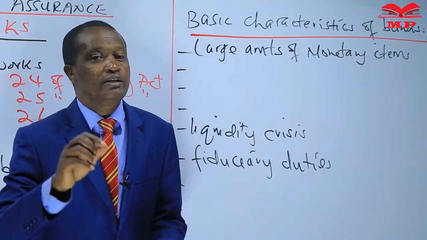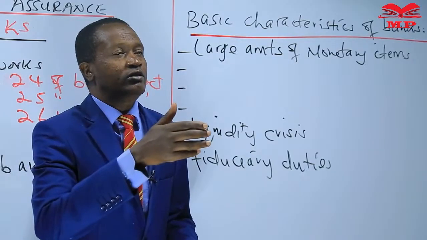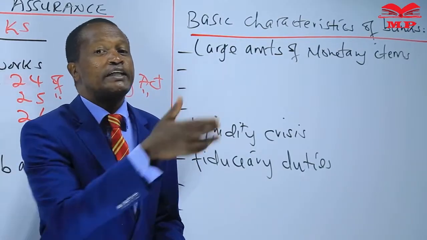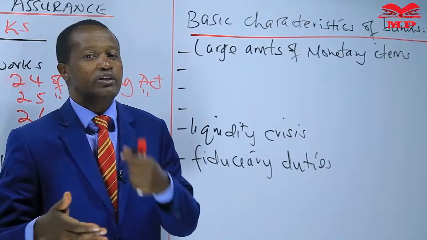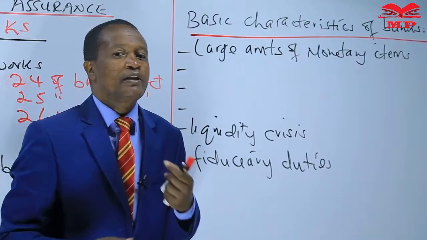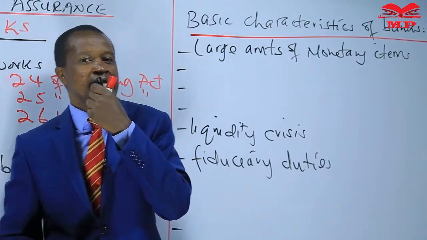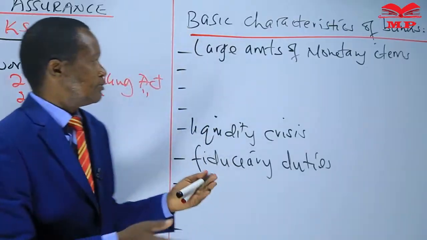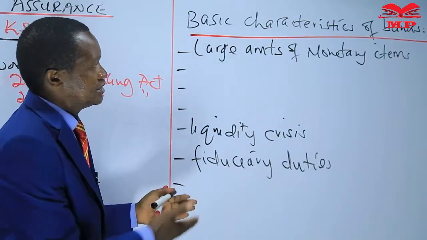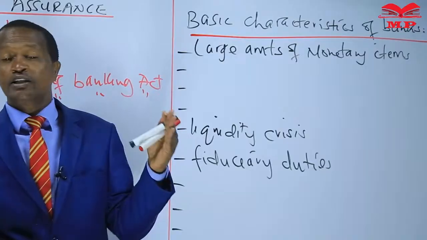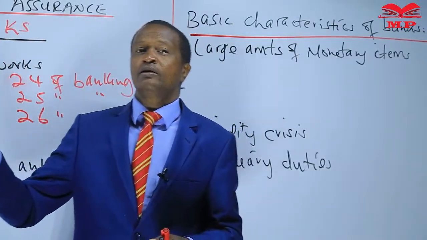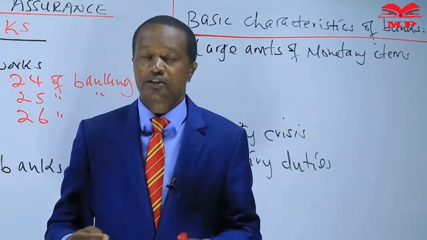For example, transactions that are carried out over the internet or through automatic teller machines and so on. So these are some of the basic characteristics of banks that distinguish banks from other commercial enterprises.